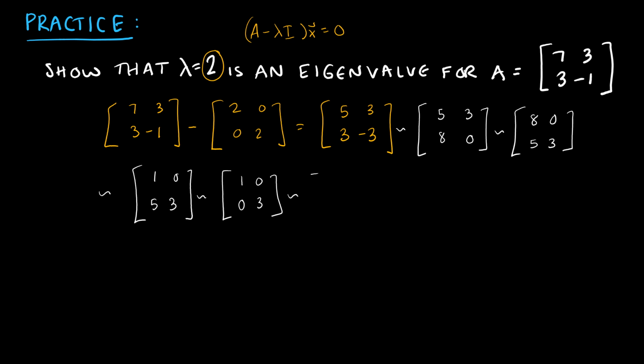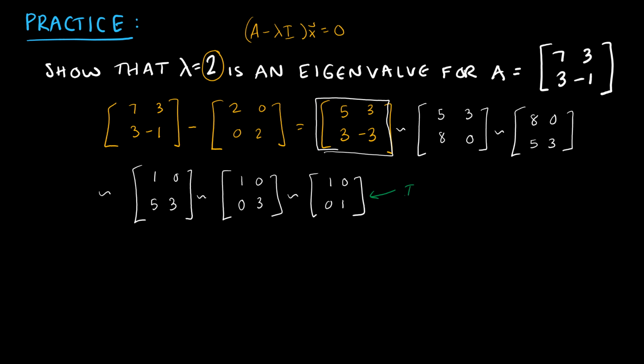And then I can do 1/3 of row 2 and end up with 1, 0, 0, 1. But again, hopefully when you got to this point, you could see what the outcome was going to be. But even if you couldn't, what I've ended up with now is the identity matrix. Keep in mind what we did before: I had a free variable before, and the free variable told me that I had more than just the trivial solution.